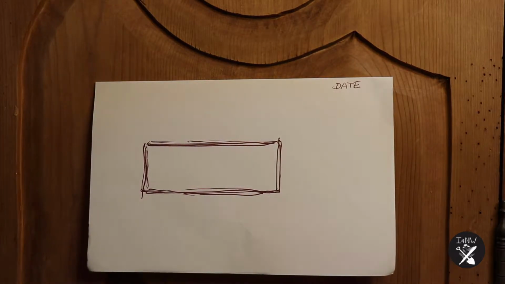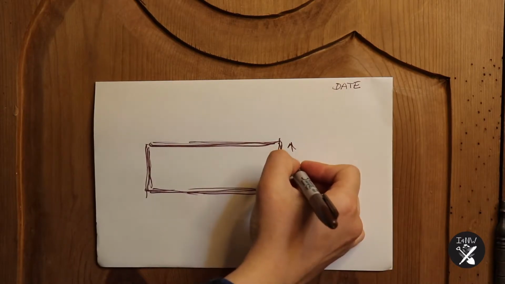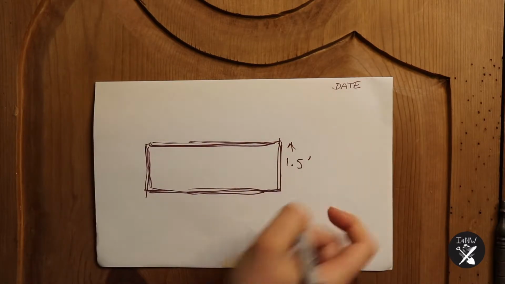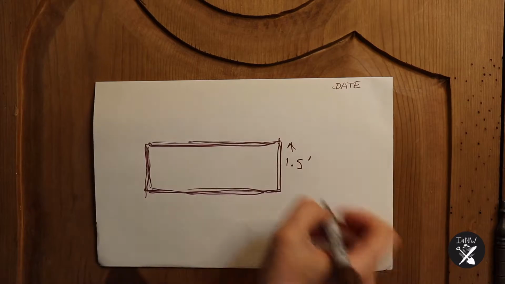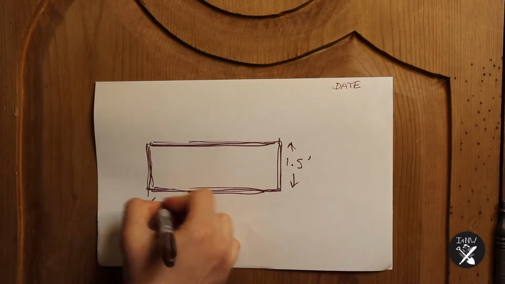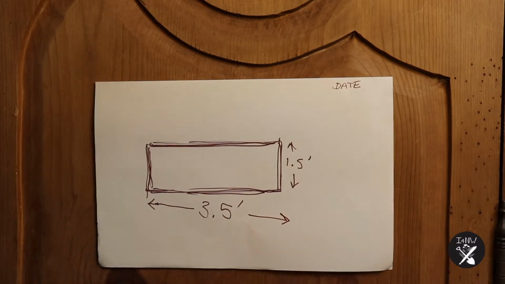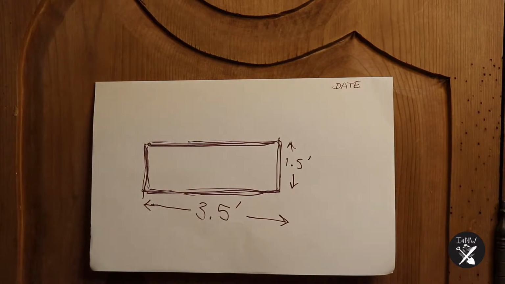And if it helps you to use a ruler, you can, but I really just recommend sketching. So I know this direction is about 1.5 feet, 1.5 feet. That's a little sign that means feet. And I know this direction is about 3.5. Right? So just a messy sketch.